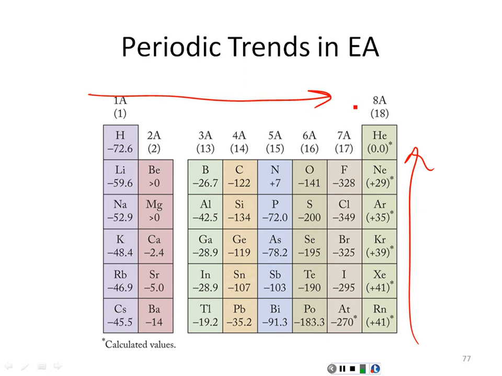But for electron affinities, we really don't consider the noble gases because they have filled shells. So it's harder to add electrons to those. So the highest element in terms of electron affinity is fluorine.